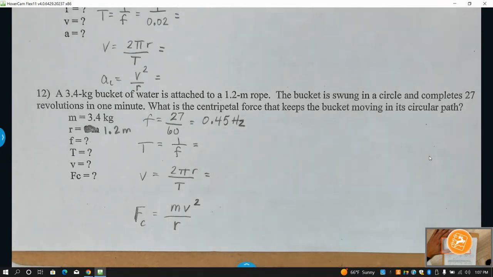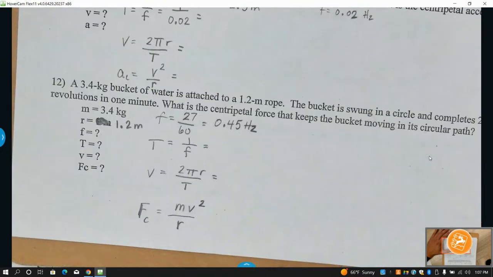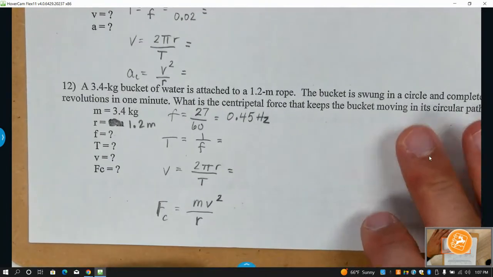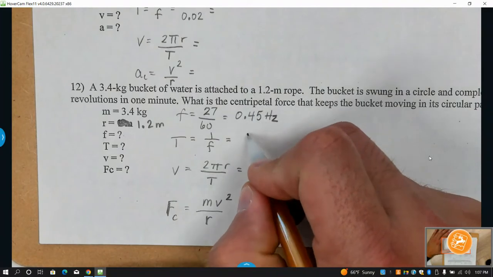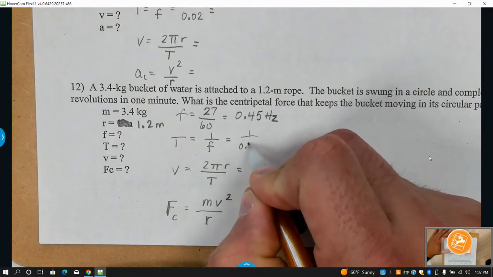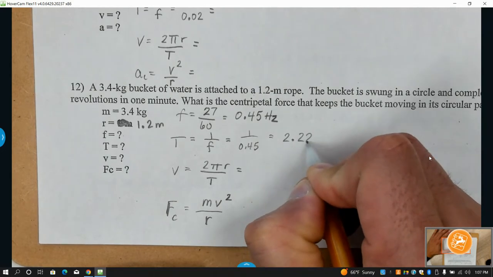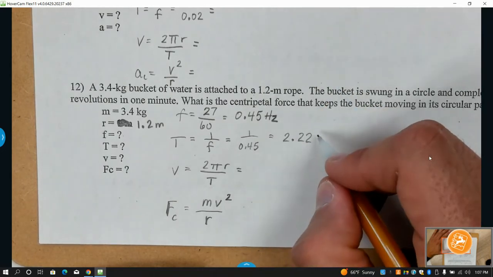All right, so let's just actually work this one out. So 1 divided by 0.45 comes out to be 2.22 repeating.